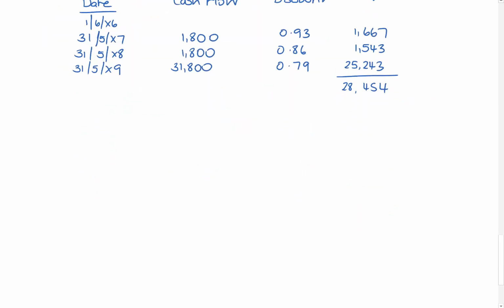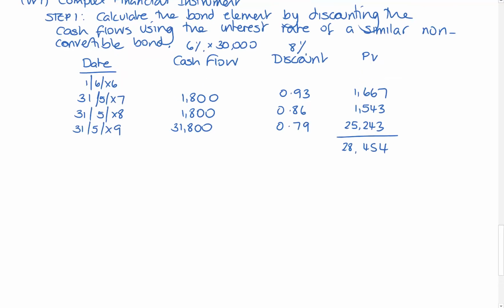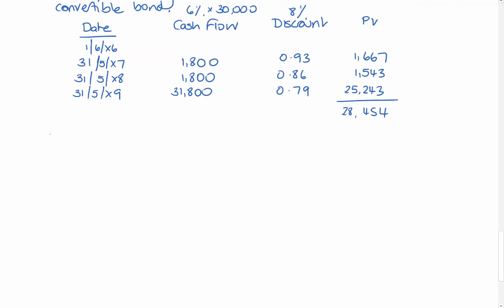So therefore, what is the double entry? So step 2, we do our double entry. How much cash have we received? When we issued the bonds, we received cash of 30 million.